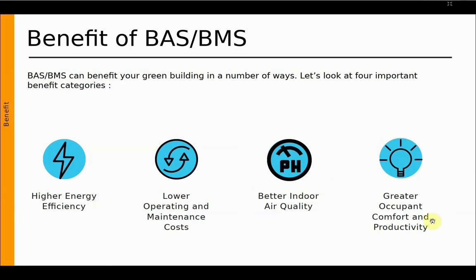The last one, a building automation system can result in greater occupant comfort and productivity. So these four benefits are a sample of a building automation system. We can also pass benefit from the building to the tenant as added value.